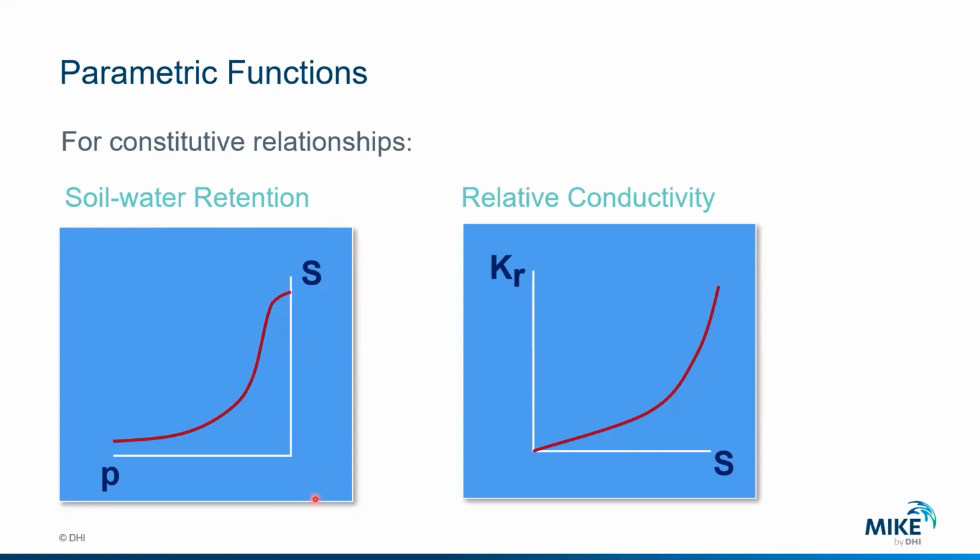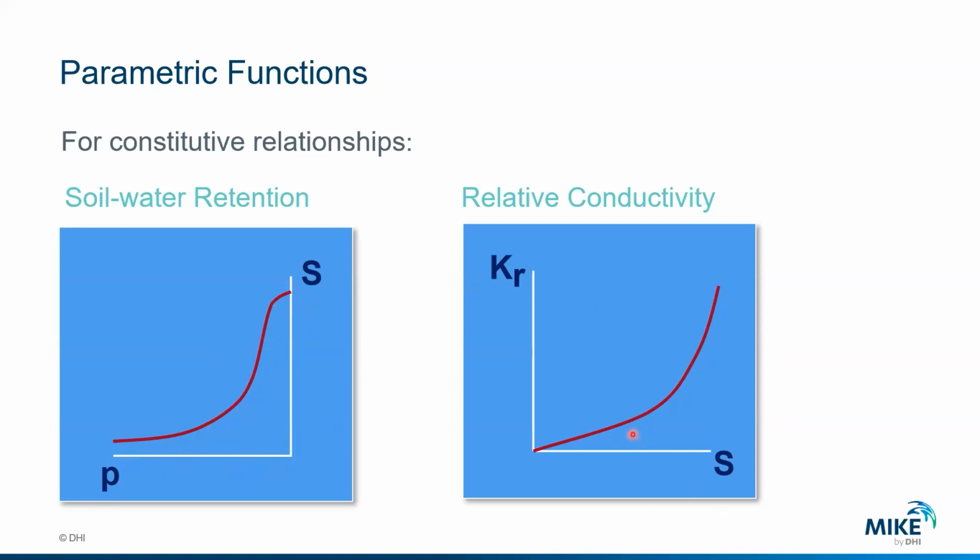The saturation in FEFLOW goes from something close to zero, it cannot be zero, to 1. So 1 means that the porous media is fulfilled with water, the total porosity is occupied. With negative pressure, we reduce the pressure, we drain the system, we dewater the system, and the saturation decreases.